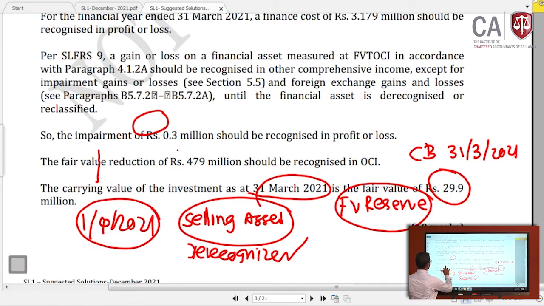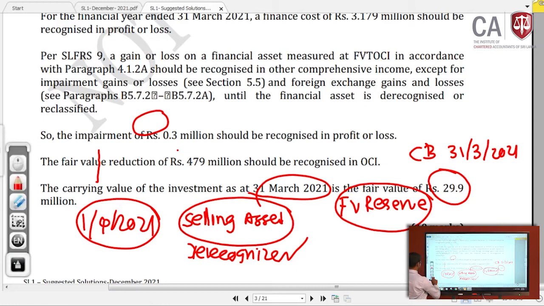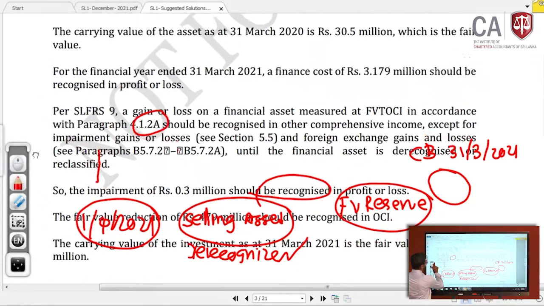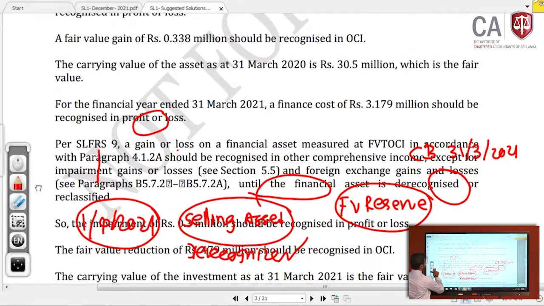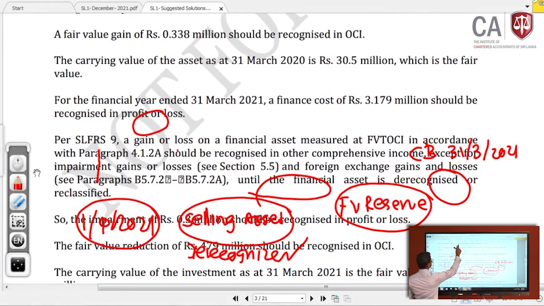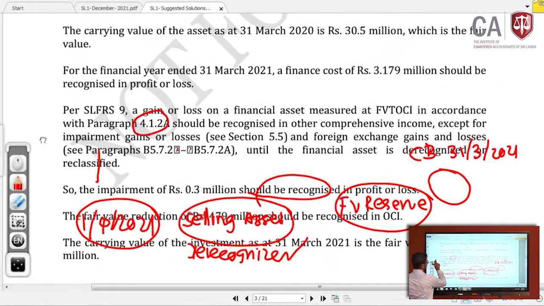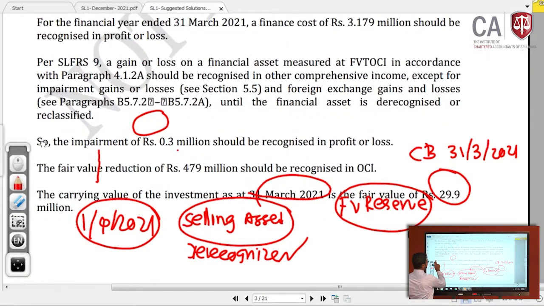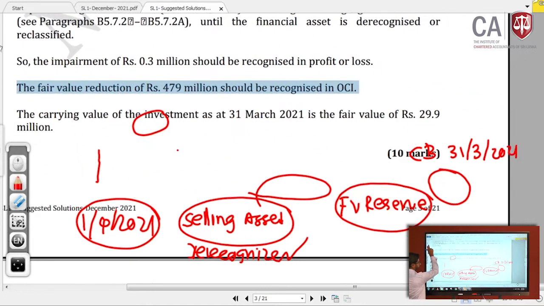So I will show the amount to you. So here you have 338 plus here you have 479. So here is what is happening, student.